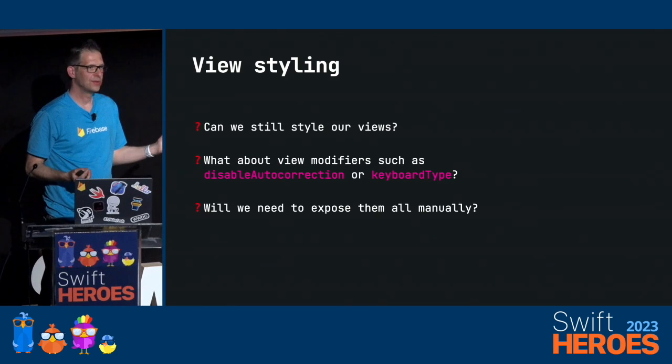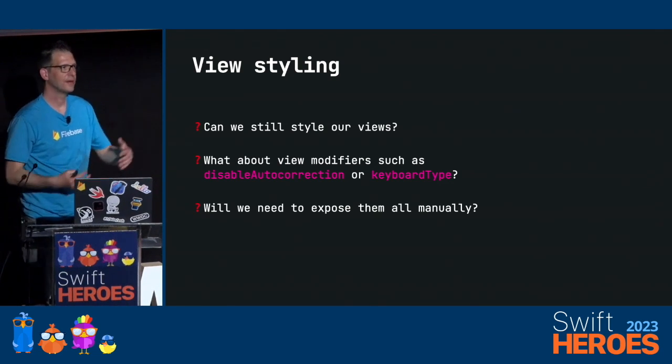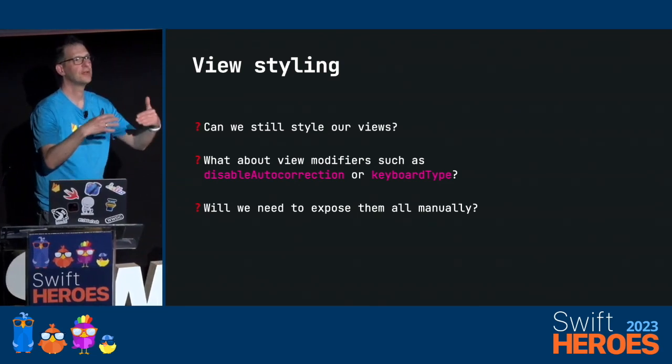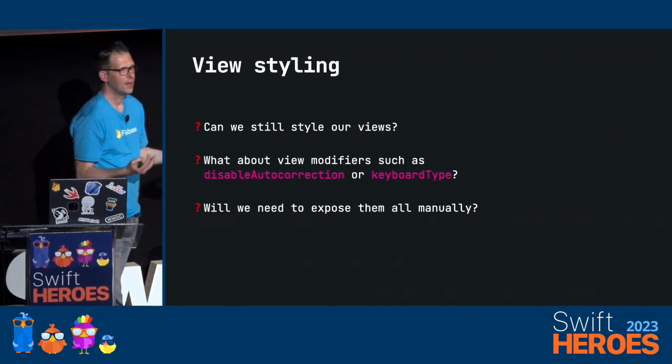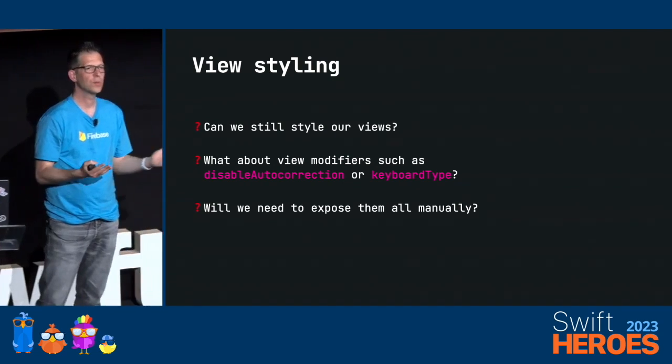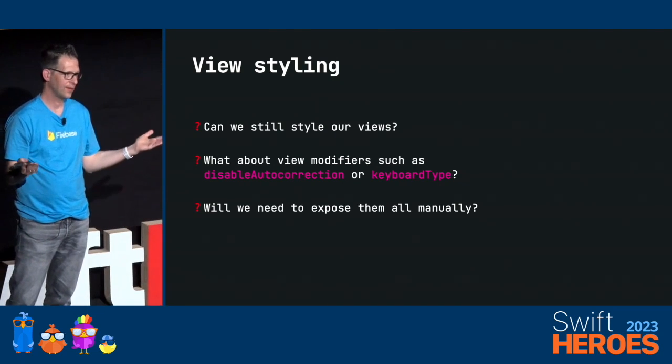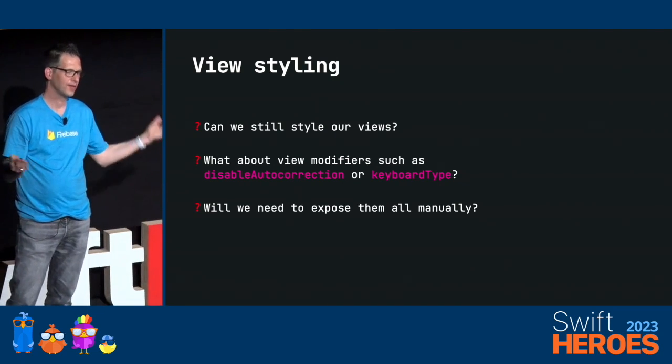And also, will we have to expose all of the properties of those inner views manually, right? So, for example, on the text input, I want to be able to say, well, I don't want autocorrect to kick in for this input field because of reasons.